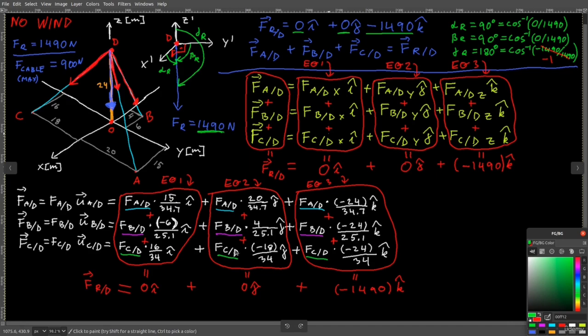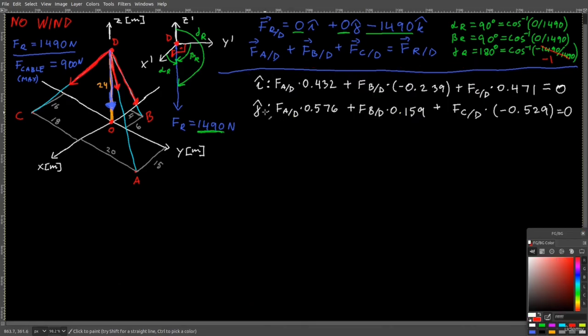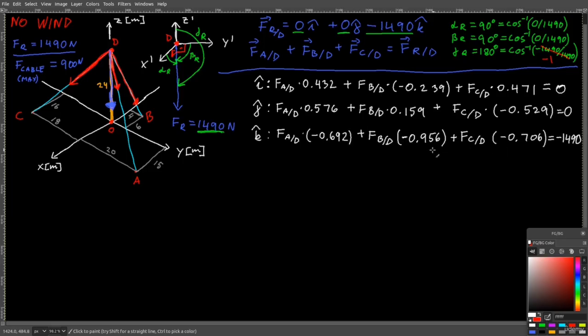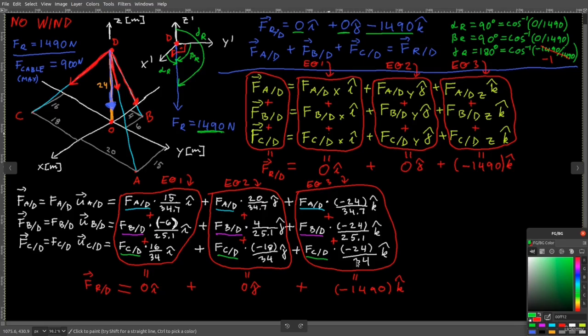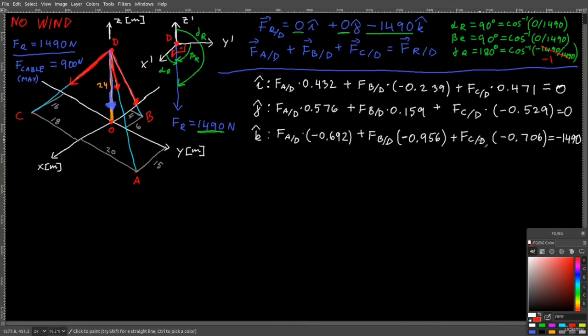Again, it's just equation 2, which is written vertically here, but here it's written horizontally. And then for the k component, I have this equation here. Again, it's this equation 3. Now it's written horizontally. And now we have to find our 3 unknowns, Fa/d, Fb/d, and Fc/d.